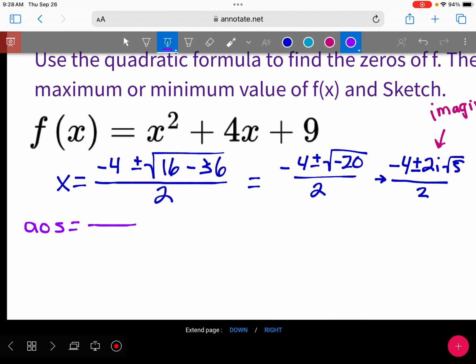All right, so what's our axis of symmetry going to be? Yeah, it's -4 over 2 times 1. So our axis of symmetry is -2. So our vertex is at the point -2, comma, let's find out. F of -2.